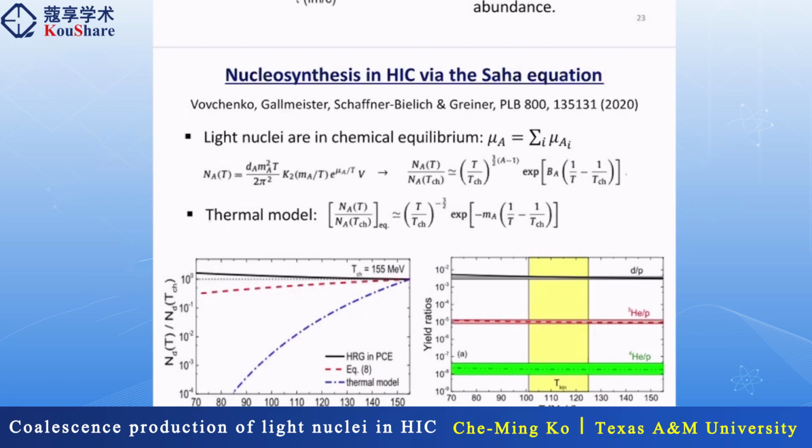d/p ratios. That's the same idea, I think, used by Rob and his Chinese collaborator, I forgot his name. He said, I do the thermal model including this fugacity parameter. Then he can also get the N_A at the kinetic freeze-out equal to the N_A at the chemical freeze-out.